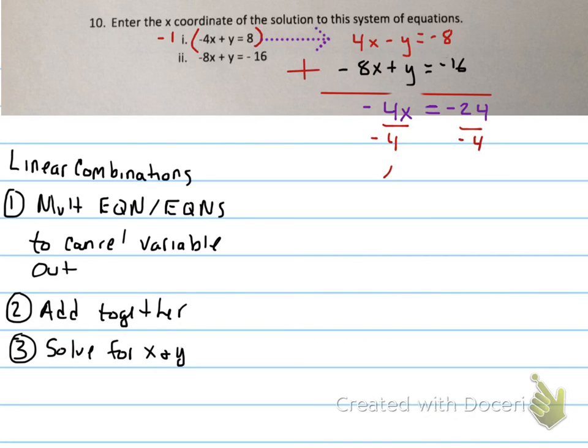So x equals 6, because negative divided by negative is a positive. And to find y, let's use -4x plus y equals 8. All you're going to do is take this 6, plug it in, and solve for y. I'll pause here.